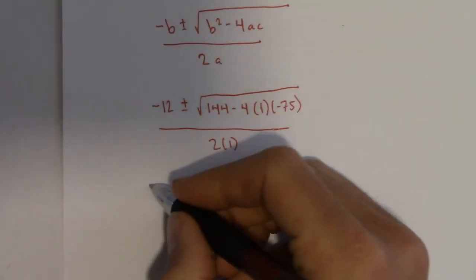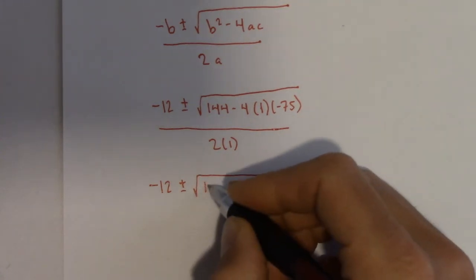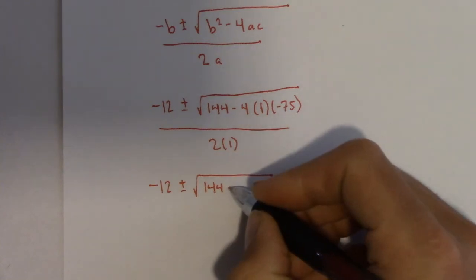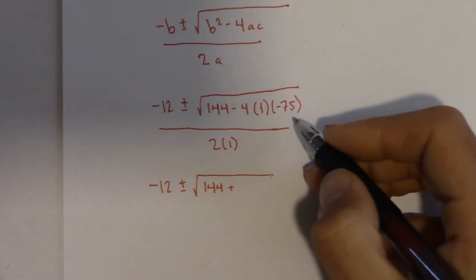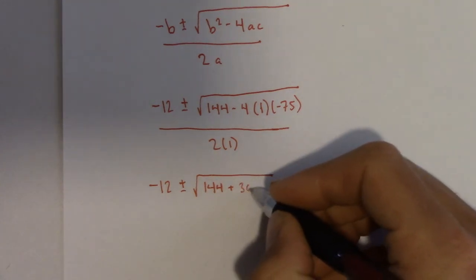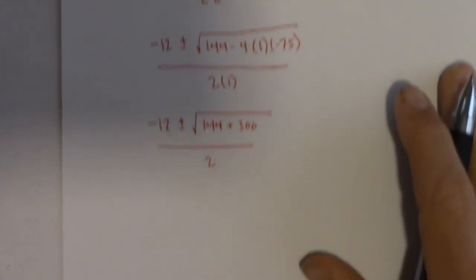Okay, so I've got negative 12 plus or minus the square root, 144. I'm going to have minus a negative, so that becomes plus. 4 times 75 would be 150 doubled, so plus 300, all over 2.